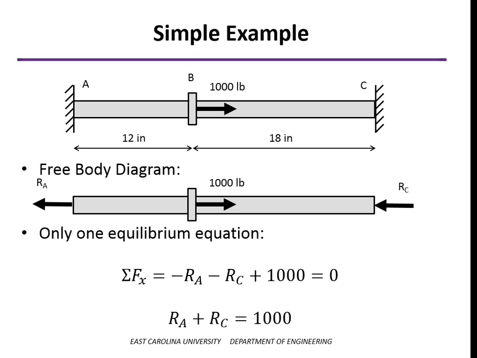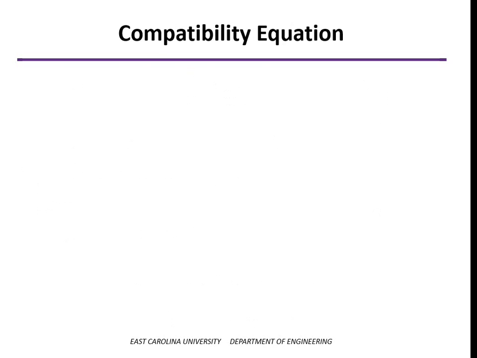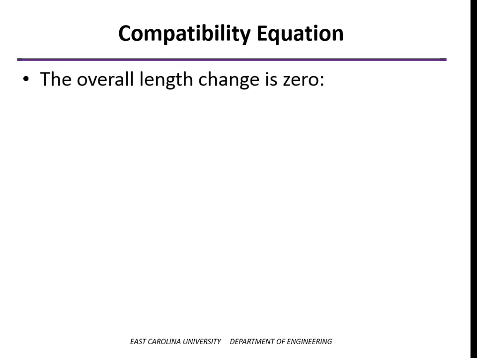So to be able to solve this, we have to add a compatibility condition. And the compatibility is relatively straightforward here. What does the deformation of the axially loaded member have to be? Well, because it's fixed on both ends, the overall length change is equal to 0, which means that the length change of the left segment plus the length change of the right segment has to be equal to 0.